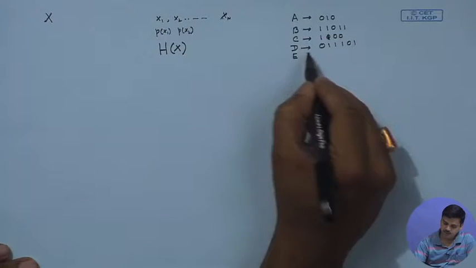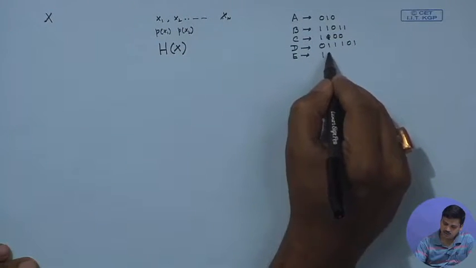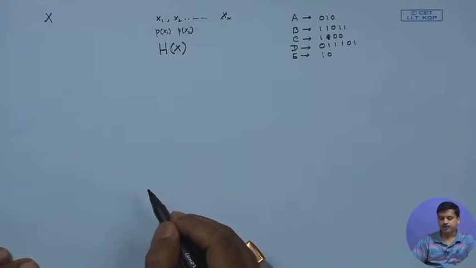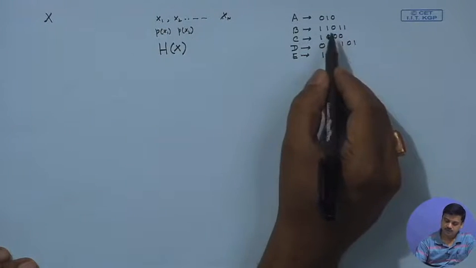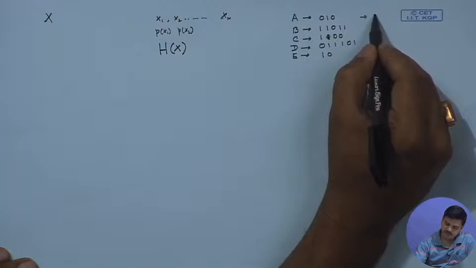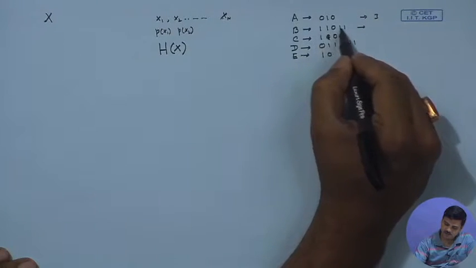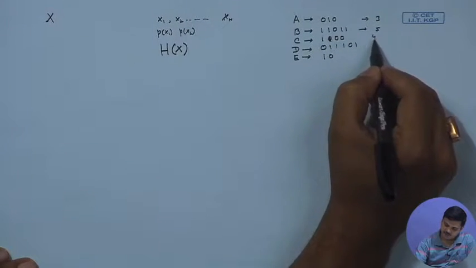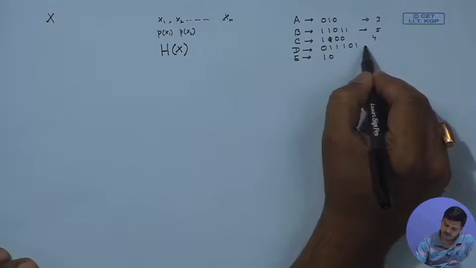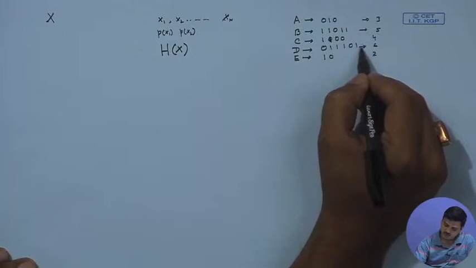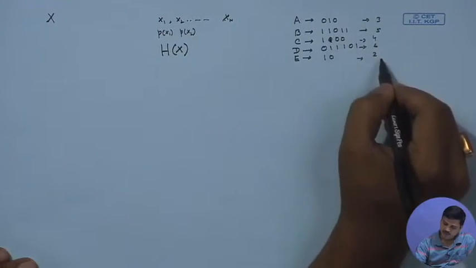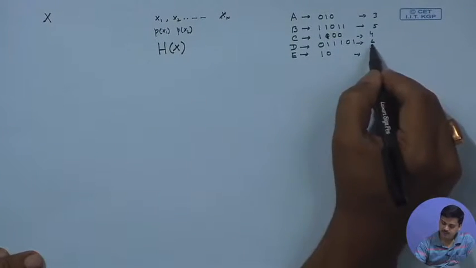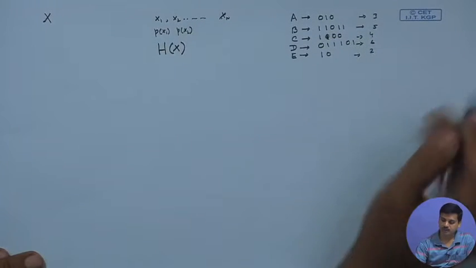I could assign to E, for instance, 10, and so on. So, this has a length of 3, this has a length of 5, this has a length of 4, this has a length of 6, and this has a length of 2. So the average of these, if I add them up and divide by 5, gives me the average bit length.